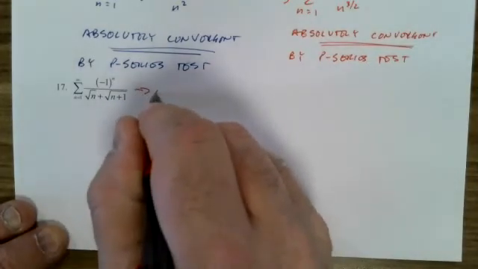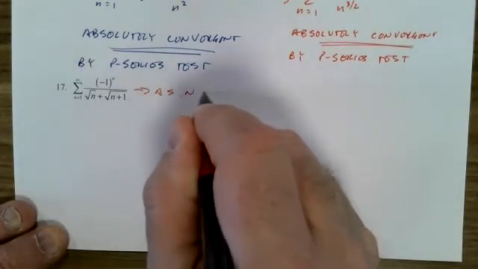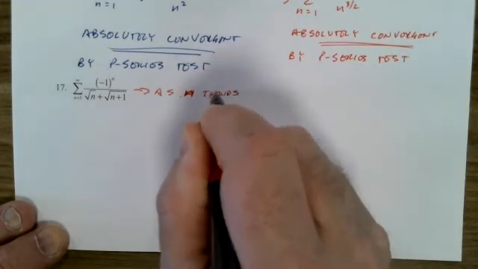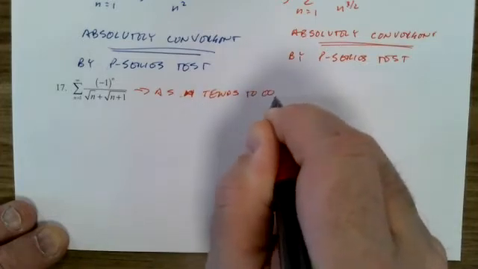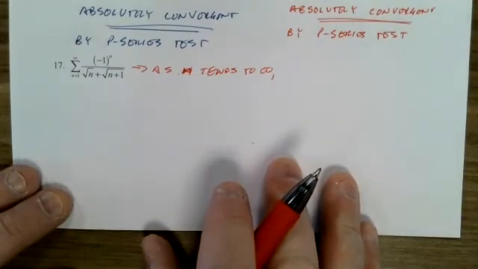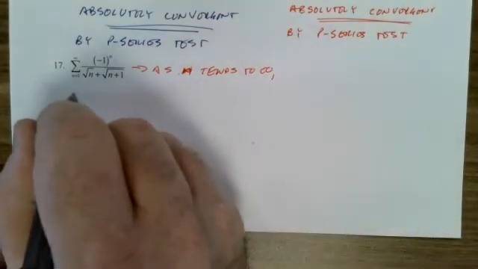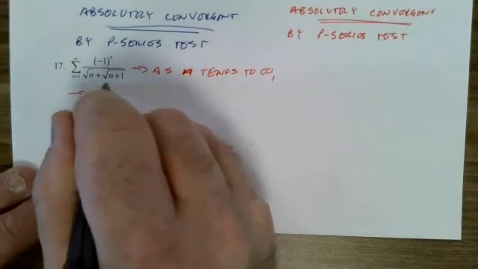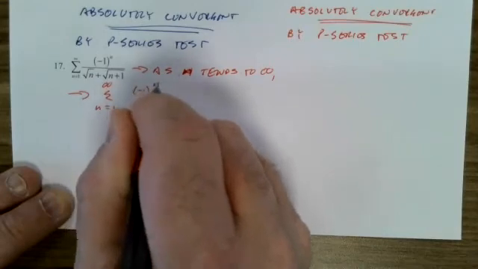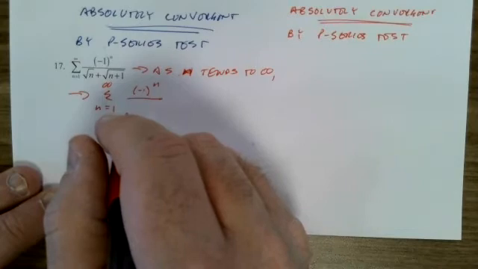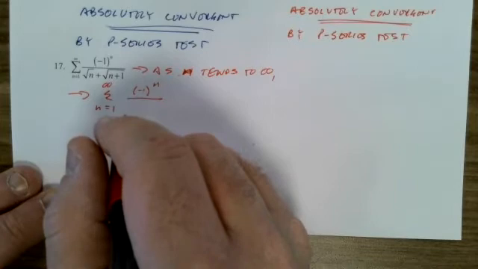All right, as n tends to infinity, this function becomes sum n equals 1 to infinity, -1 to the n over, woof.